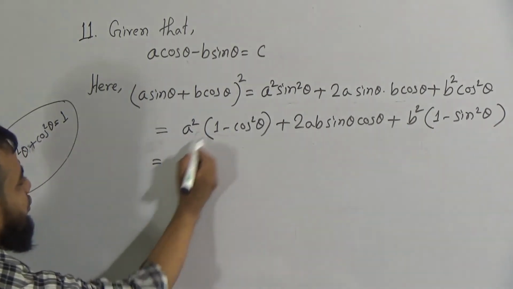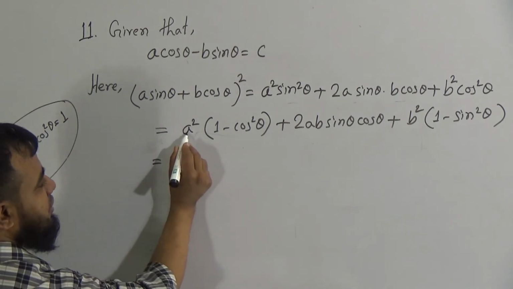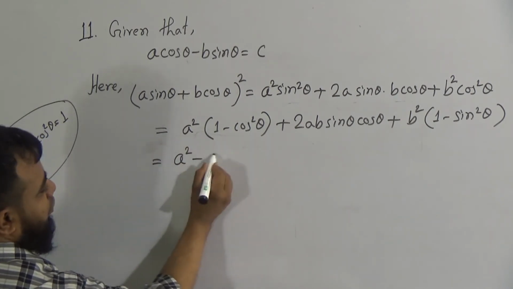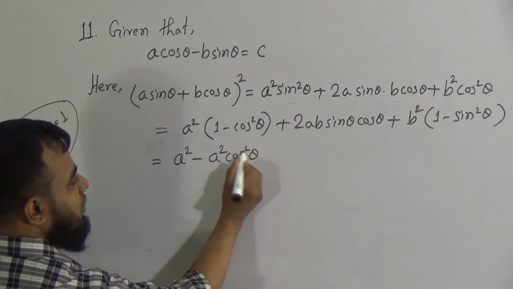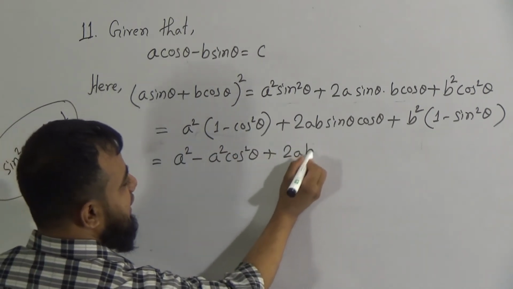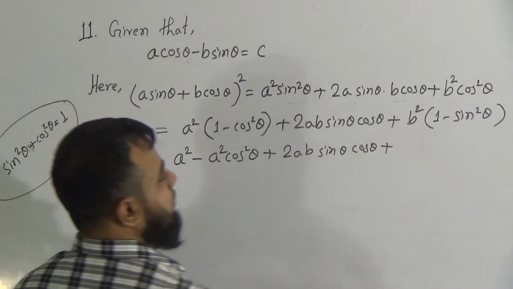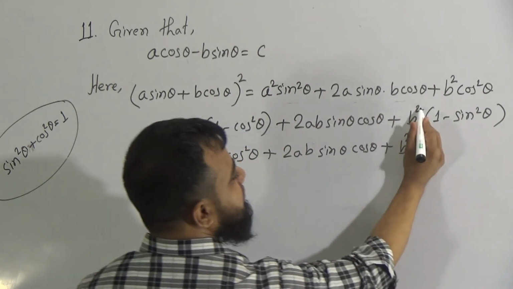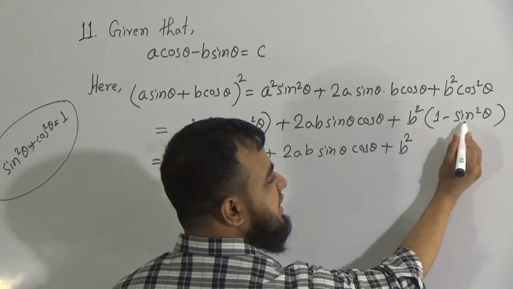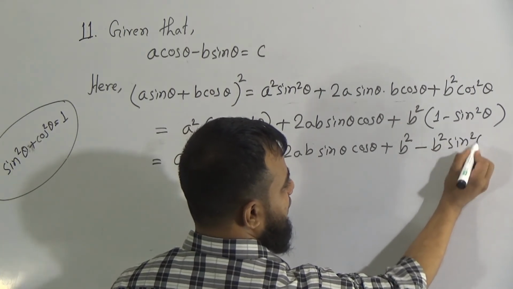A square multiplied with 1 equals a square. A square multiplied with minus cos square theta will be minus a square cos square theta. Plus twice ab sin theta cos theta remains unchanged. Plus b square multiplied with 1 will be plus b square. B square multiplied with minus sin square theta will be minus b square sin square theta.